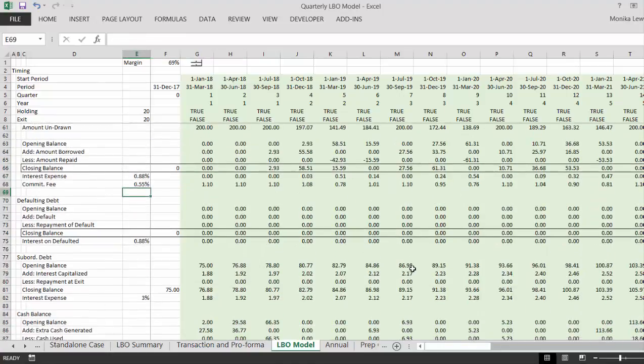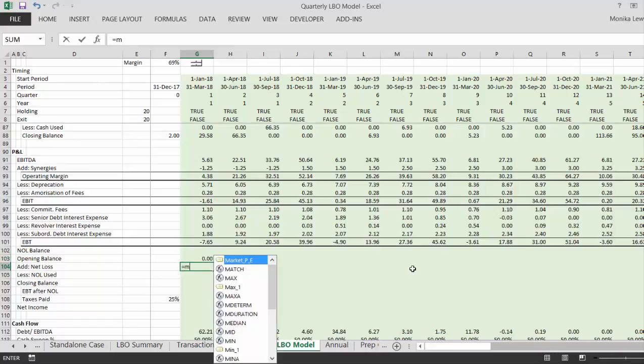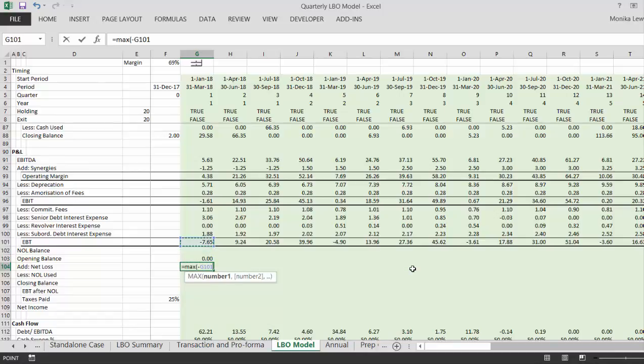Now, once we have those, let's go down into the tax. So I put the depreciation and the amortization here. I took it out of the other category. The opening balance, I hope, is equal to the closing balance. And then we have a net loss. We put a maximum and put a minus of this, or zero.